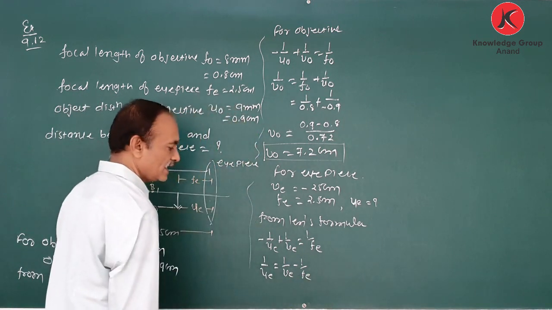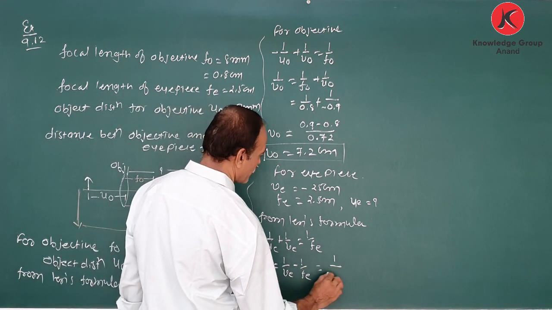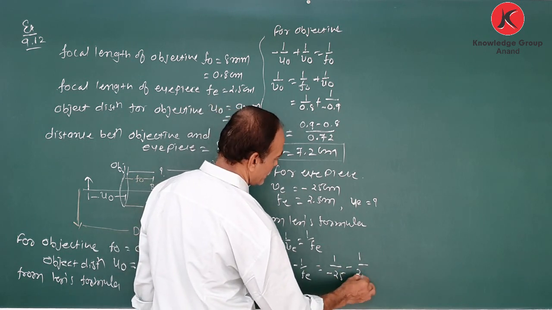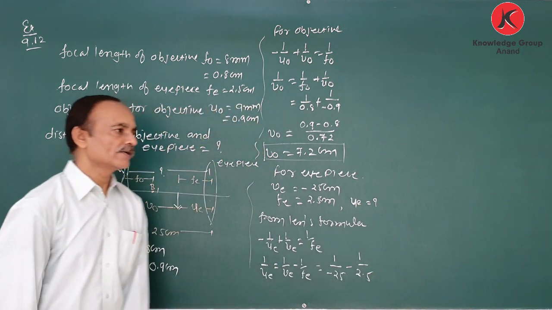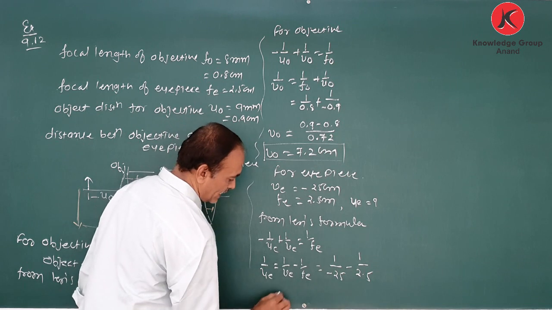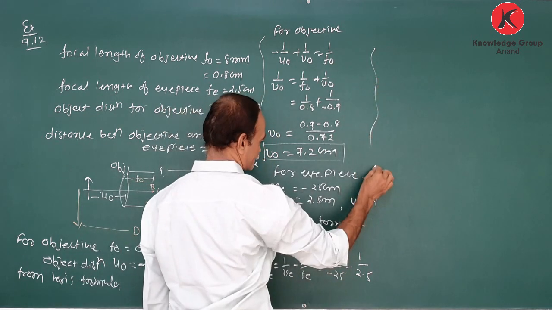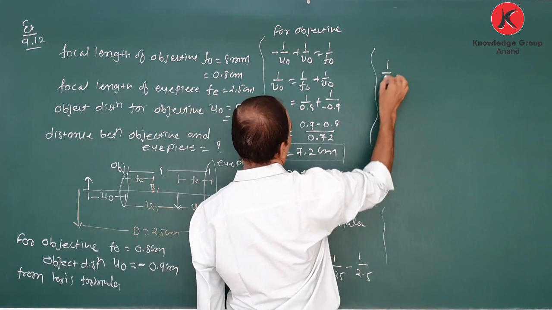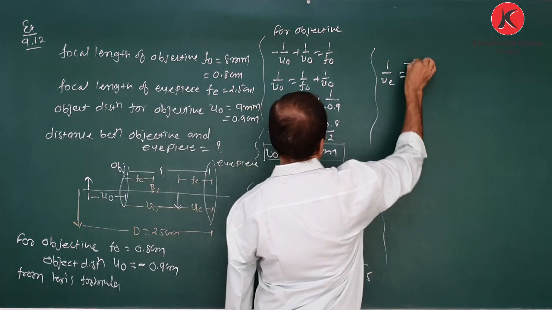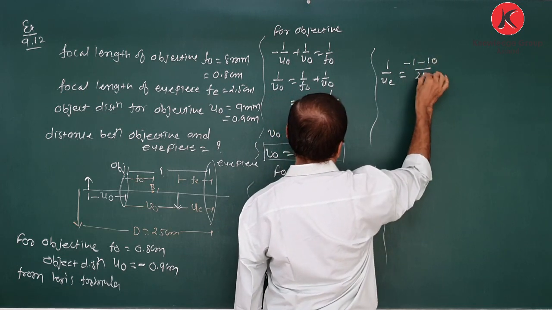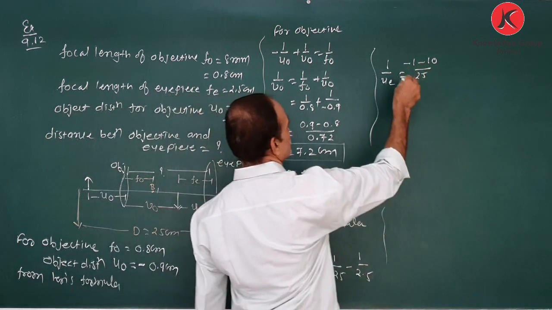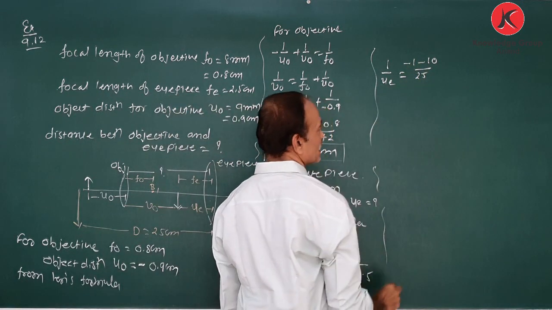So here 1 upon minus 25 minus 1 upon 2.5. So here we can obtain 1 upon UE is equal to minus 1 minus 10 upon 25. 25 is the LCM.